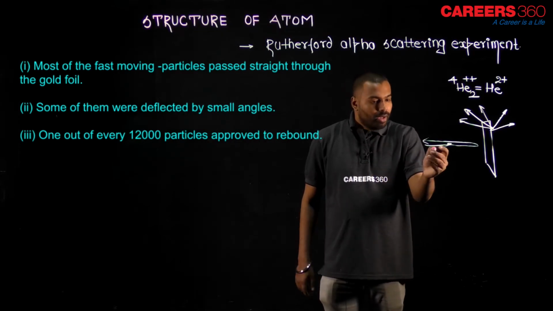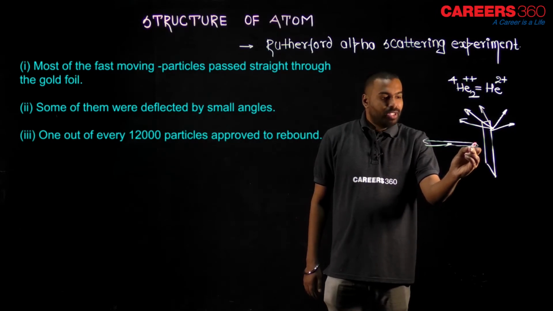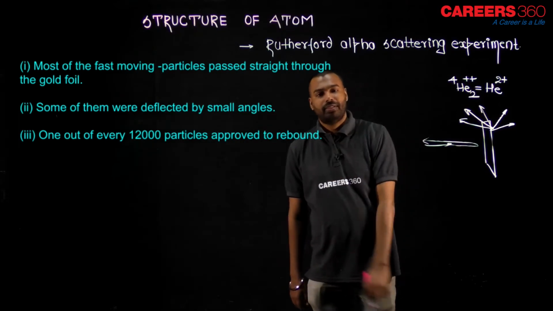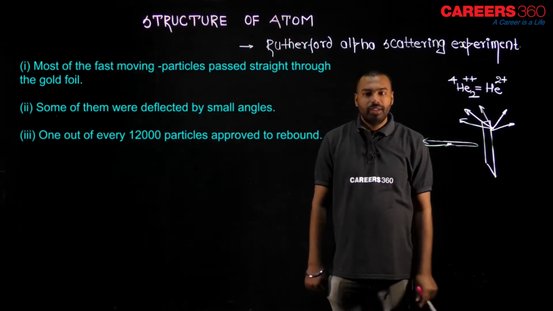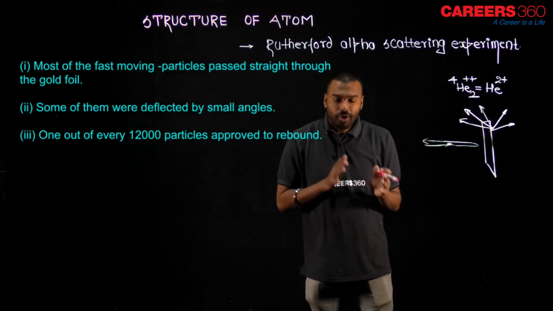I repeat, important behavior: the ray approaches the metal, and after some time, without touching the metal, at some distance d, it returns back, retraces its path, rebounding. This is what we observed in the experiment.